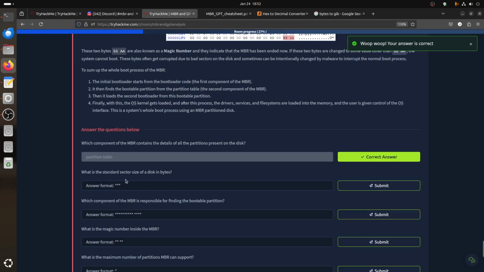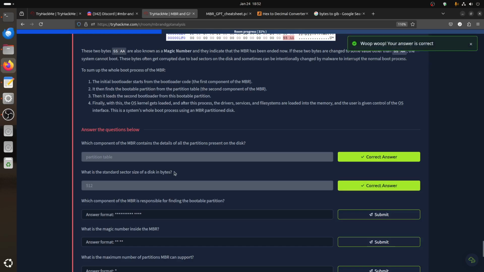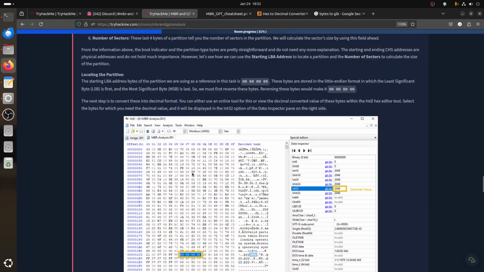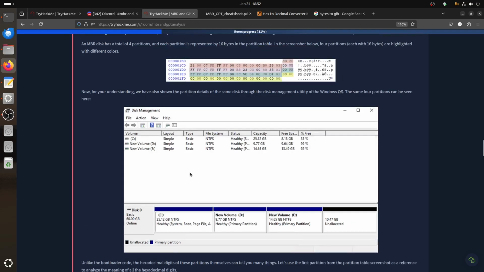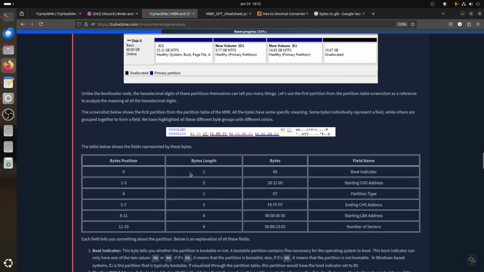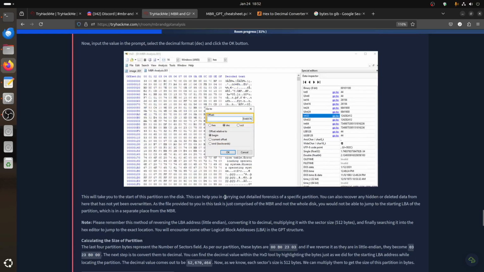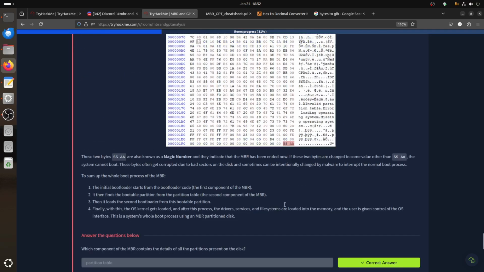Then what is the standard sector size? It's 512, yes, we multiply with 512. Which component of the MBR is responsible for finding the bootable partition? We talked about it, the boot code, the one that we played with.